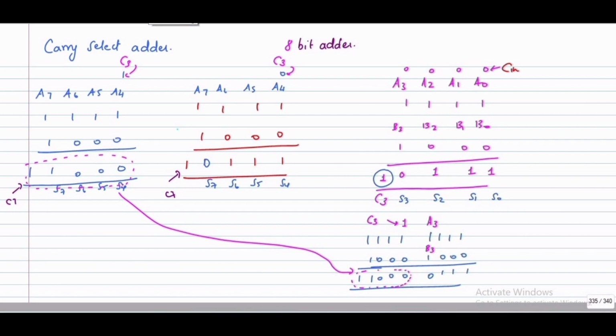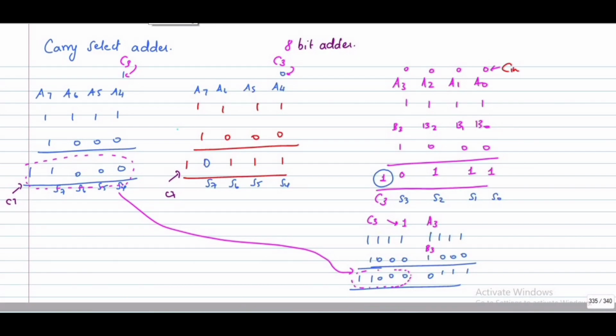Previously I have calculated the values, on the left hand side you see, for what the answer will be. Since the carry value from C3 is 1, I have already calculated that value, and if it is 0 also I have already calculated the value. So this will be given to a mux stage, and based on this carry C3 value I select either of the two values, right?